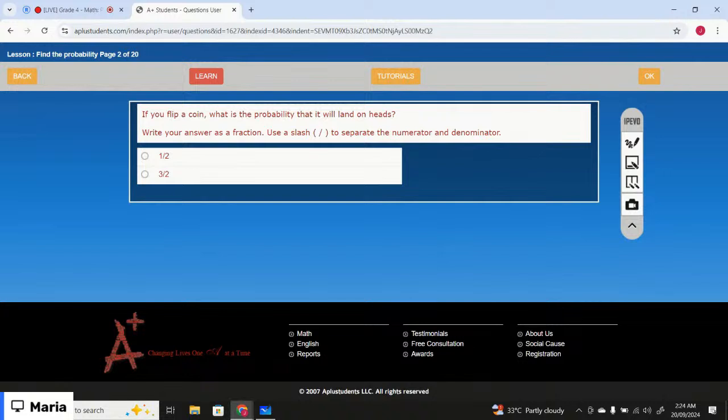When you flip a coin, you have only two possibilities, right? So the probability of heads is 1 out of 2. The correct option is option number 1, because you have a total of two outcomes. One of them is heads. So that is 1 over 2.